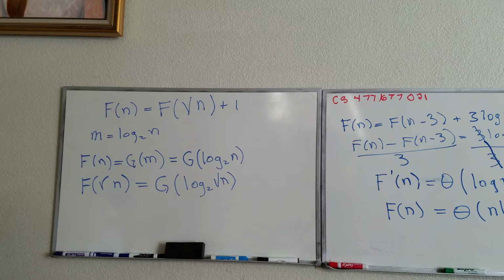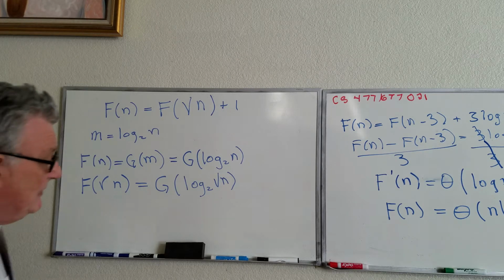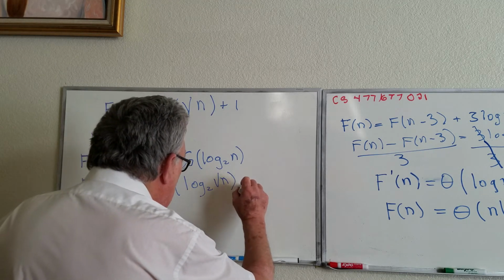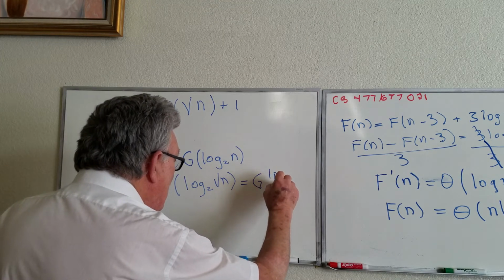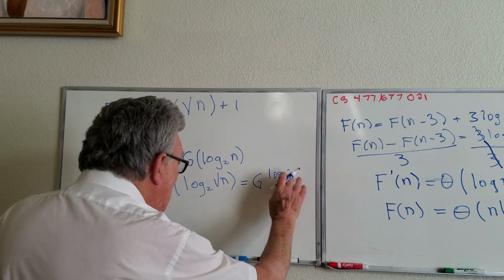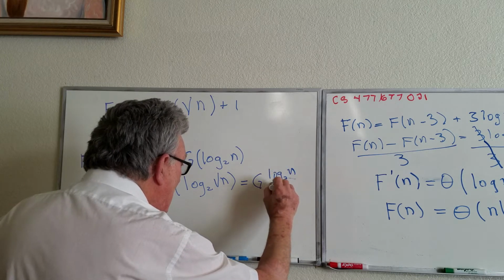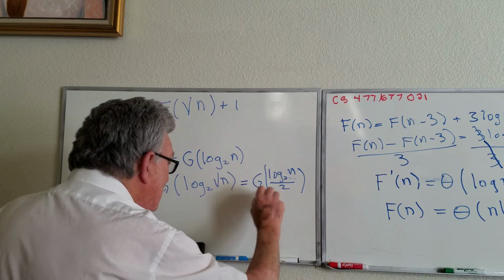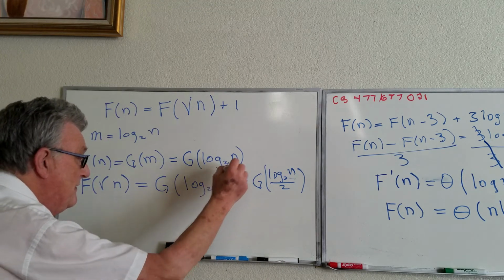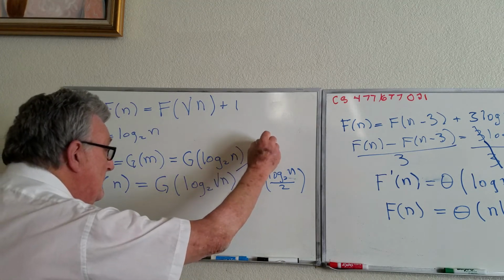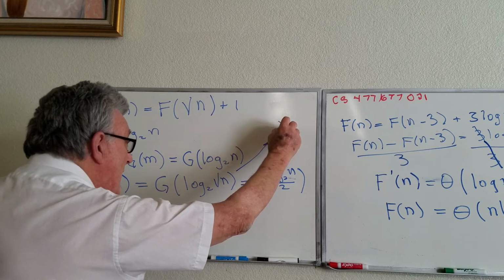So using the usual rule of logarithms, we multiply the logarithm by that exponent, which is 1/2. So therefore this is g of log base 2 of n divided by 2.